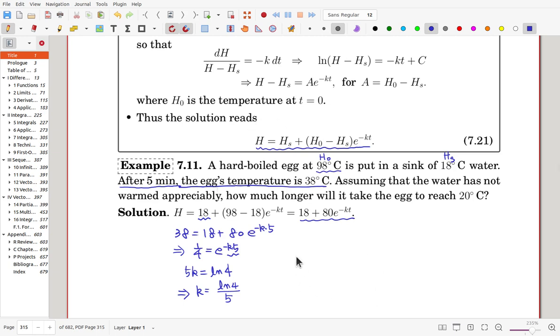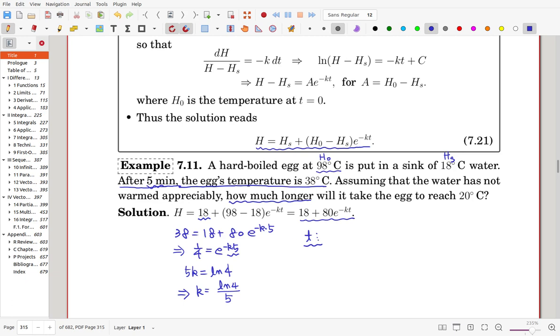Now we have to find the time. The question is how much longer after 5 minutes, so we have to measure the later time. Anyway, we find the total time and then subtract 5.